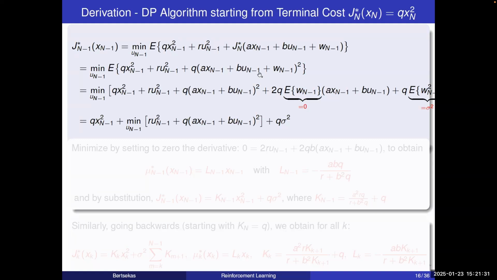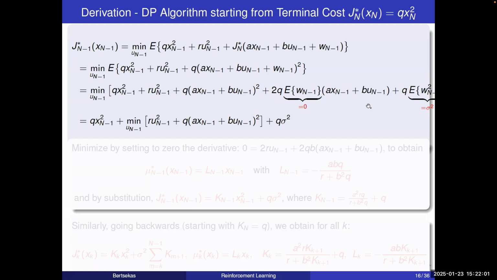So let's expand this quadratic term, the square of wn minus 1, and the cross product term. And now let's use here the fact that wn minus 1 has 0 mean. So this term is eliminated. And this term is a constant. This is the expected value of wn minus 1 squared. It's a variance, but it's a constant number.